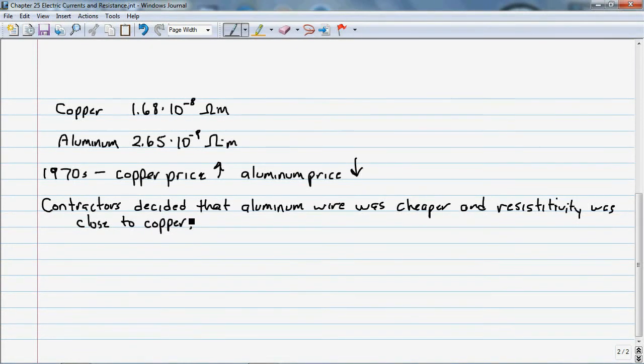So they started building houses with aluminum wiring. And the idea is pretty sound. The resistivity is not that much different.